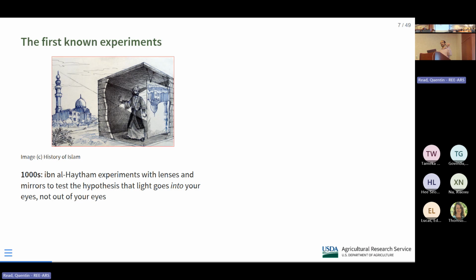The term scientist didn't exist yet. Back then, people thought that you could see because some kind of ray went out of your eyes to the thing you're looking at. Through a series of experiments, with controlled conditions with lenses and mirrors, he got evidence that really, it's something going into your eyes, not out of your eyes, that makes you see. So an important piece of knowledge was gained there.